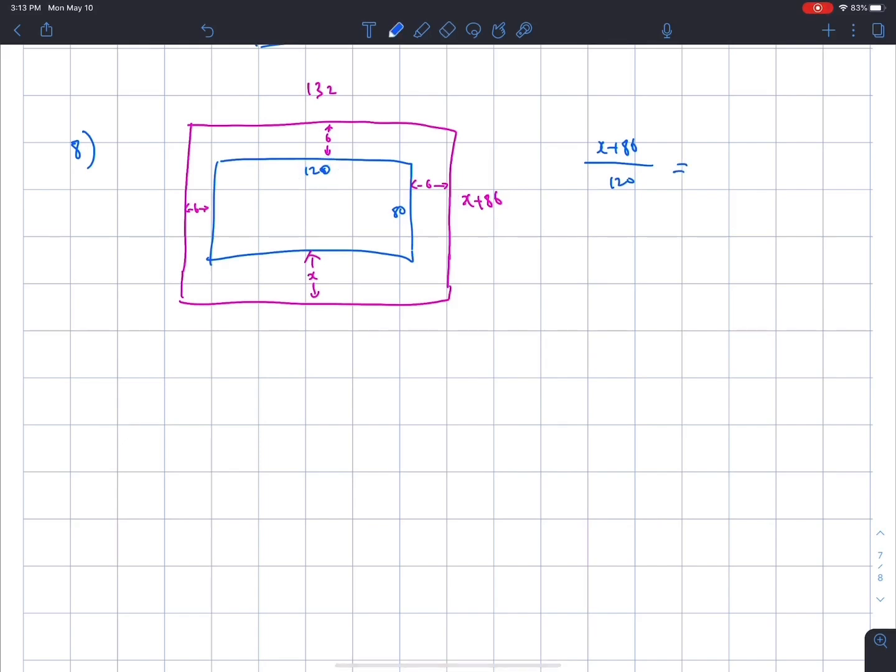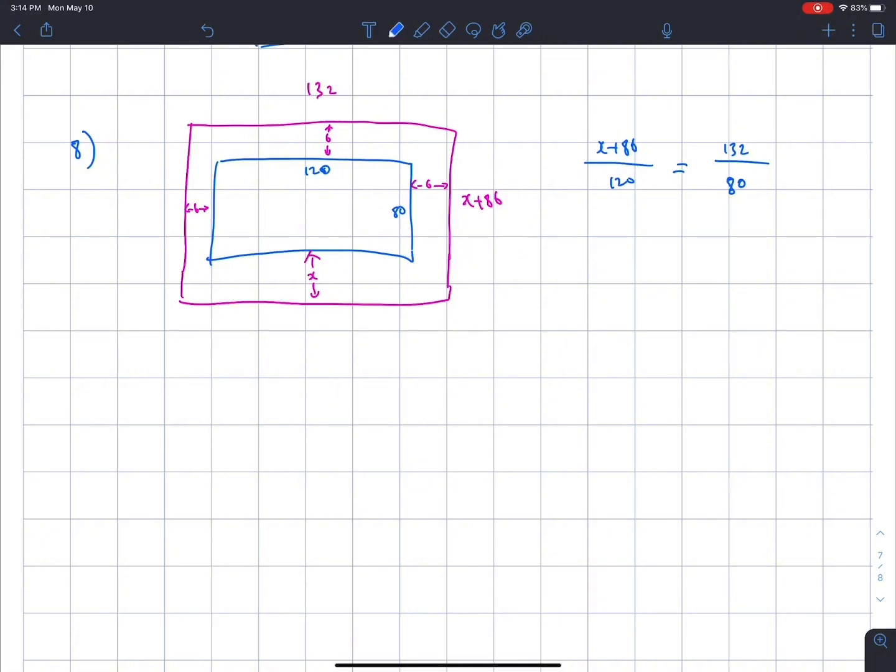It should be proportional to the bigger one, which is 132 over 80. Otherwise, it's very difficult to make it work. If I also let this be the width and this be the height, I'm afraid it won't work. So that's why I'm letting this be the width and this be the height of the frame.